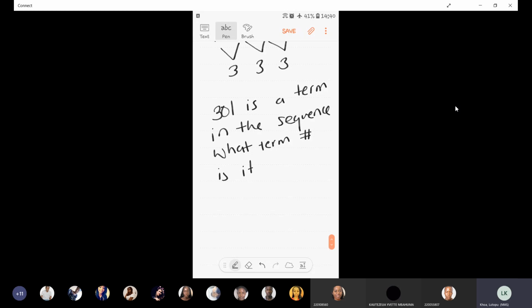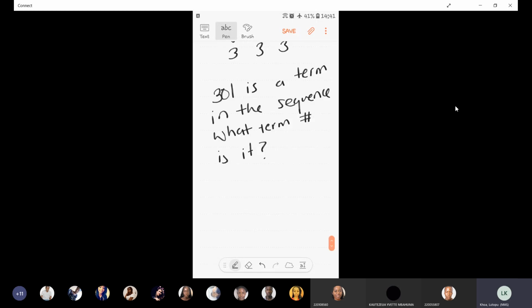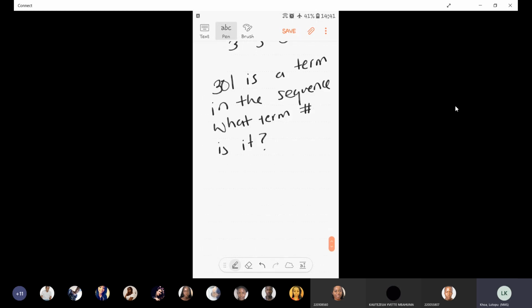Okay, so that means I have listed all the numbers and I see 301 is in the sequence. So you have to tell me what number it comes in the sequence. So this is a little like working backwards, but this time what we are trying to do is work out the value of n. So we know what the nth term is. So we know that a_n is equal to 301. Now the question is, what is the value of n?